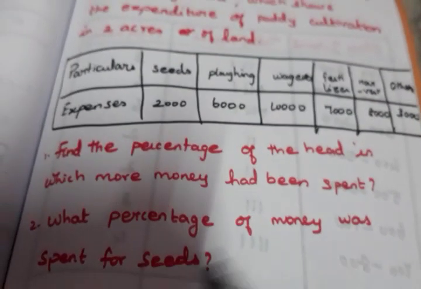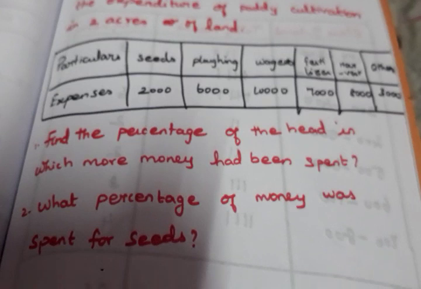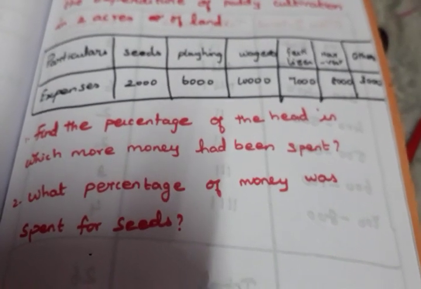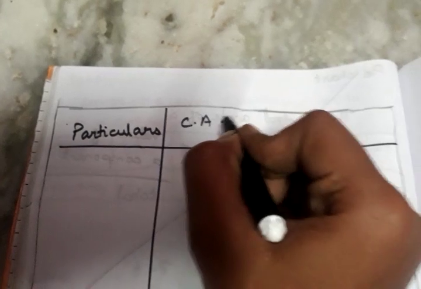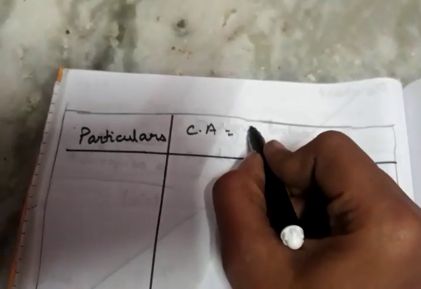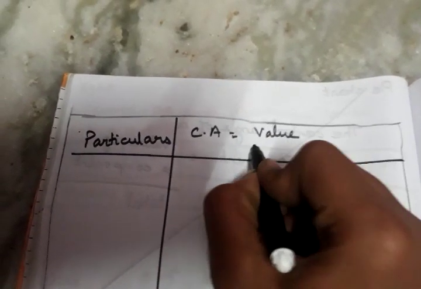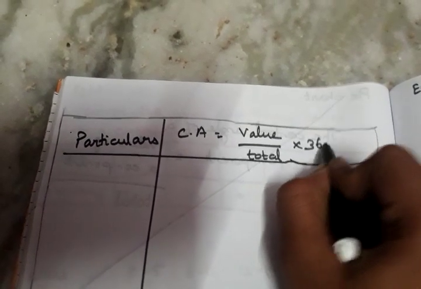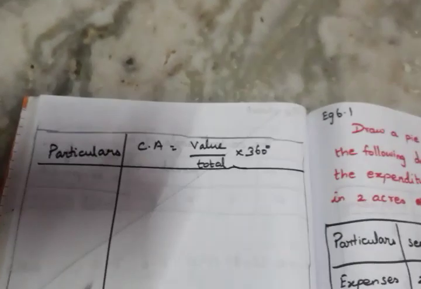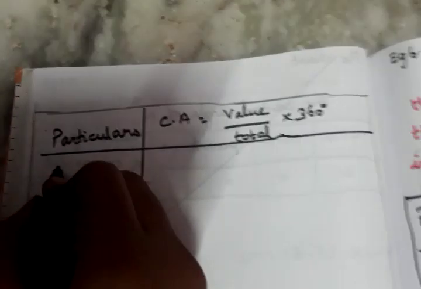First we draw a tabular column with the particulars and the central angle formula: value by total into 360 degrees. First, seeds.